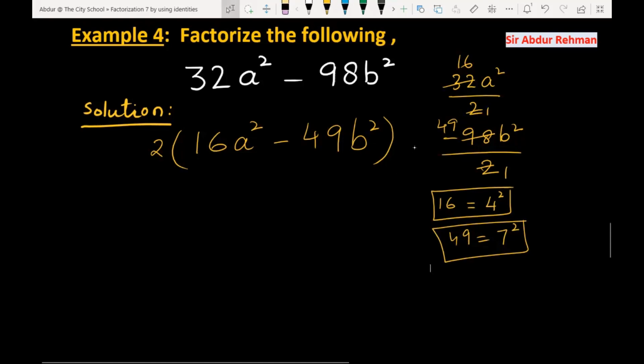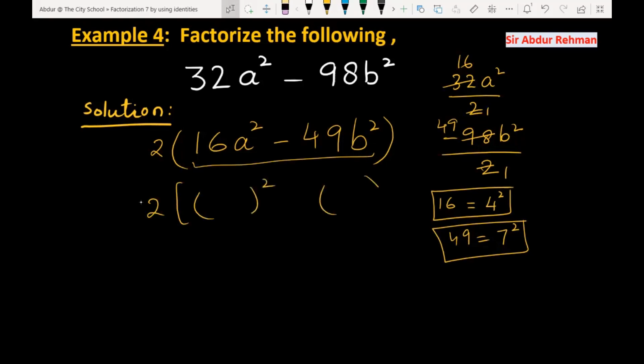To factorize 16a square minus 49b square, write down two empty brackets with square and copy the sign, which is negative. Now for 16, I'm going to write 4, and 4a square, that is a square for a square. 4a square is equal to 16a square.